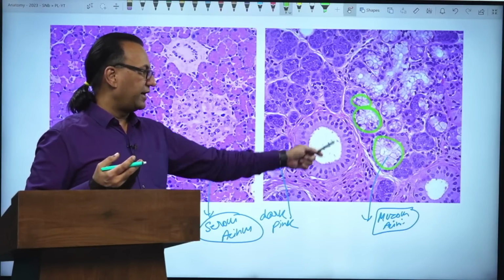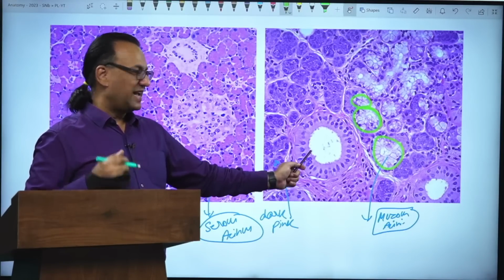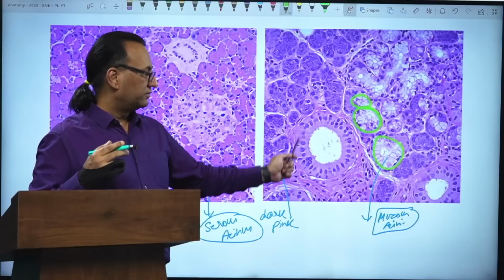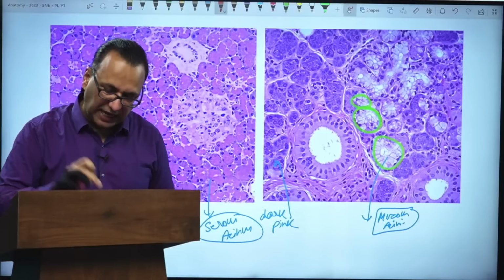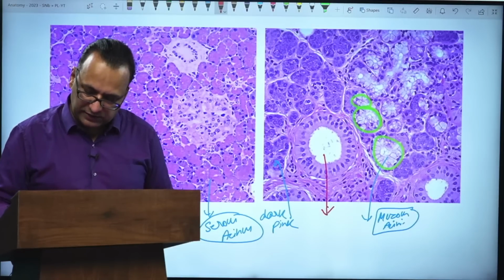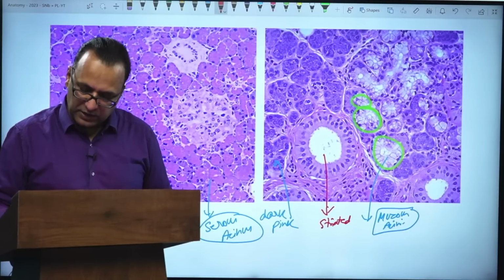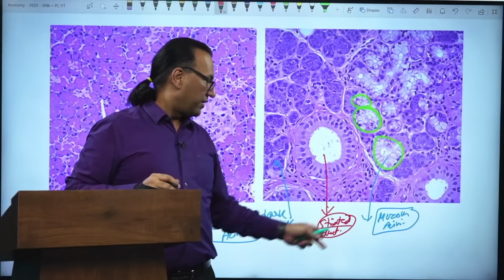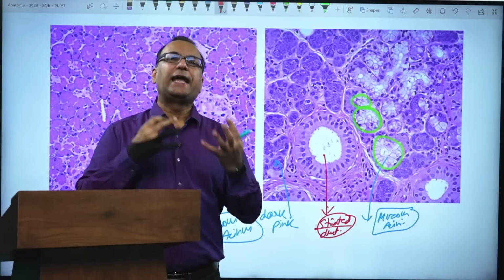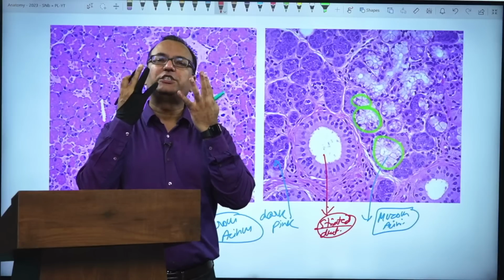This is a duct here, and in salivary gland one typical duct type is seen, and we call it a striated duct. Striated ducts are seen in salivary glands. They are for ion transport involved in saliva secretion.